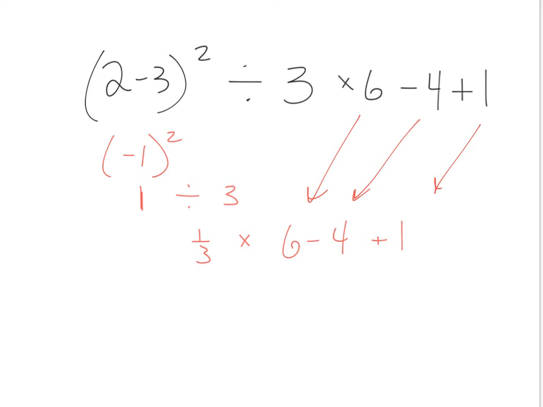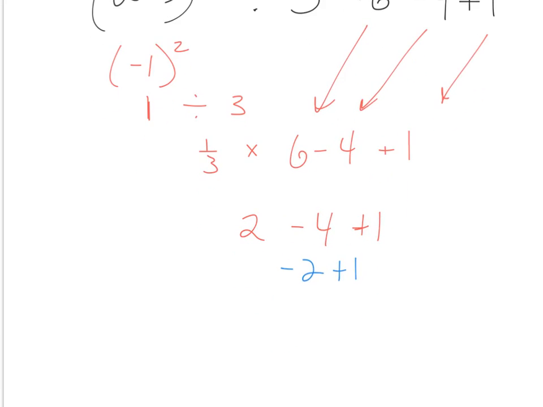So we take 1/3 and multiply by 6. Good, to give us a 2. 1/3 of 6 is 2. Next. And then you've got addition and subtraction, subtraction is first, so 2 minus 4 gives us -2 plus 1. -2 plus 1 is going to give us -1.